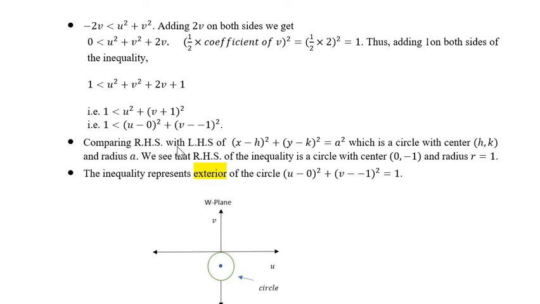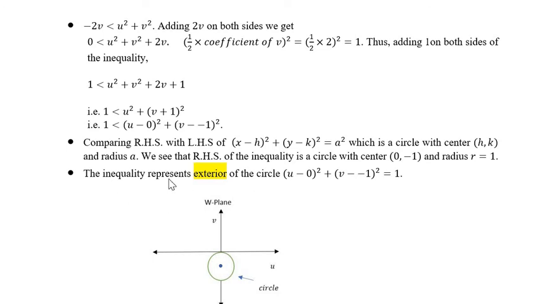Comparing RHS with the left hand side of the equation x minus h whole square plus y minus k whole square equal to a square, which is a circle with center h, k and radius a, we see that the RHS of the inequality is a circle with center 0, minus 1 and radius 1.